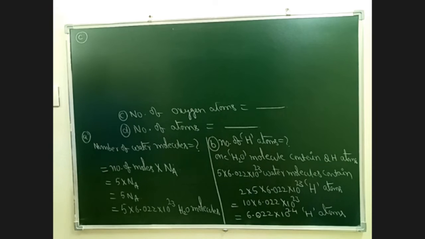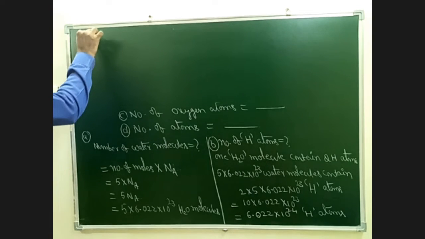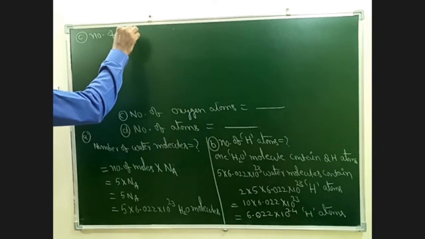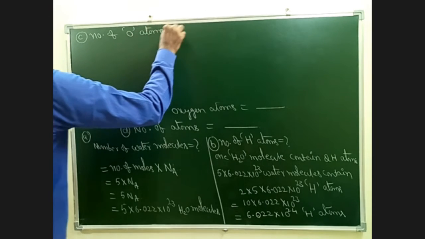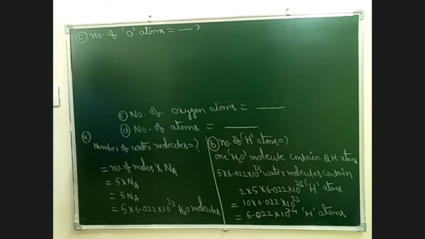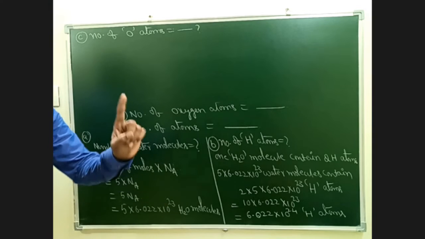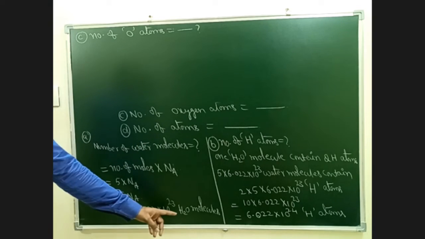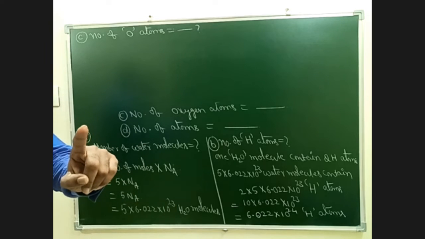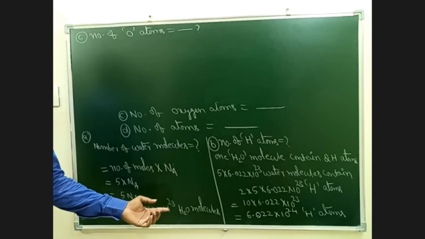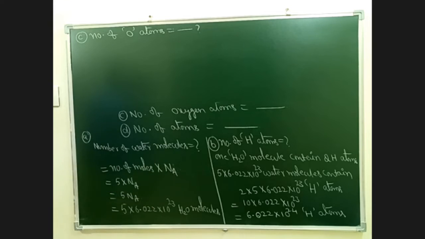Number of oxygen atoms. O means oxygen. How many? We know the total number of molecules, and each molecule has 1 oxygen atom. One water molecule contains 1 oxygen atom. Then this many molecules contain the same number of oxygen atoms.